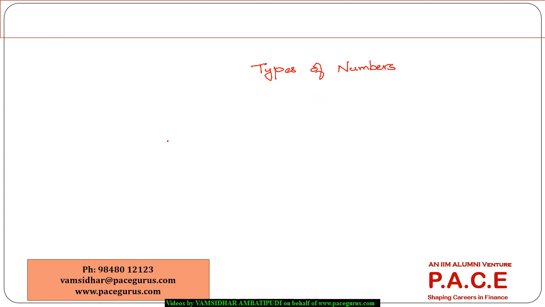So initially, I'll start with a set of numbers called natural numbers. The first set is actually called natural numbers. Otherwise, they are also called counting numbers, because those are the numbers that we use for counting.